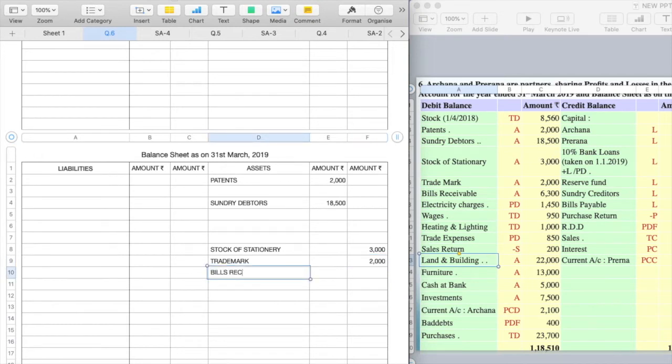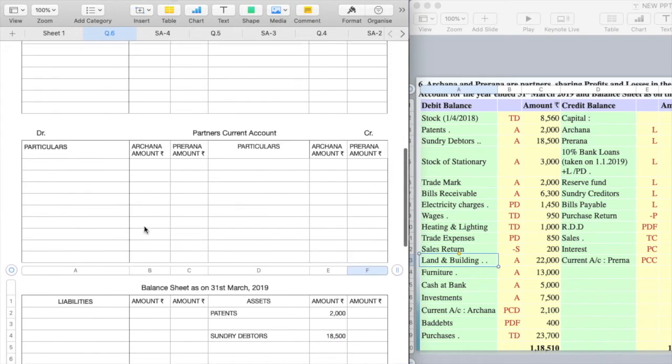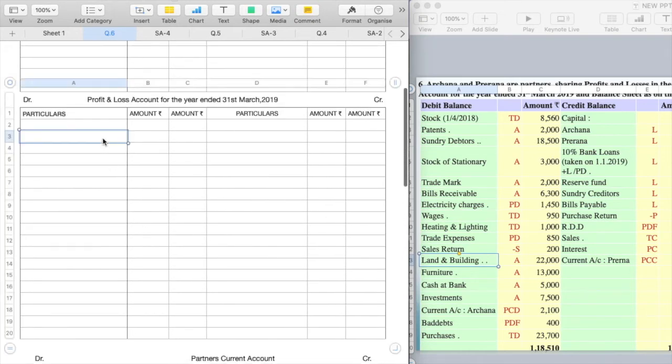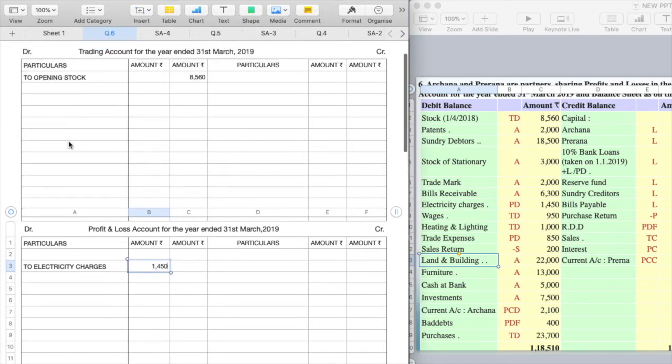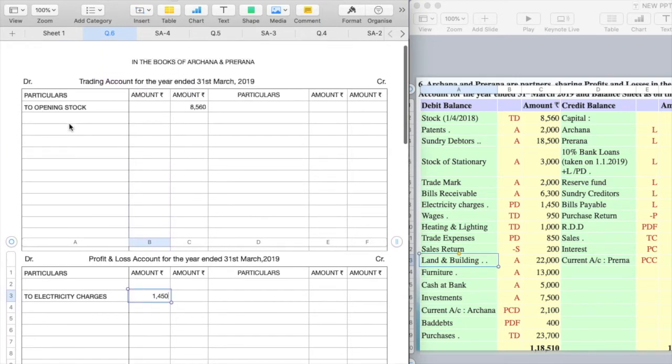Bills receivable, outer column 6,300. Electricity charges, profit and loss account debit side, leave first line and then write inner column 1,450, leave one line. Wages, trading account, but after opening stock I have to leave 2 lines for the purchases.